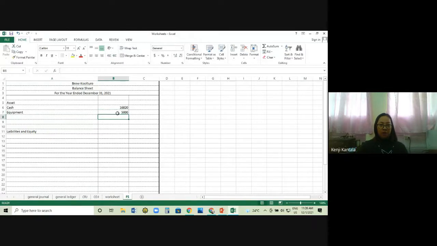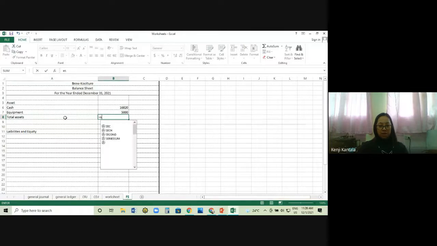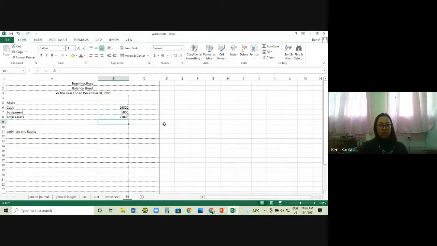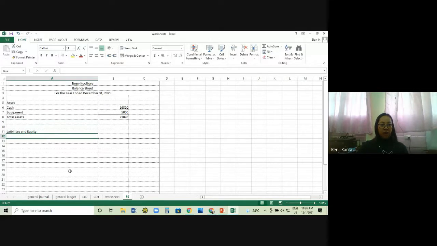Tama? So our total assets is at 21,820. So next naman, we have yung liabilities and equity natin.